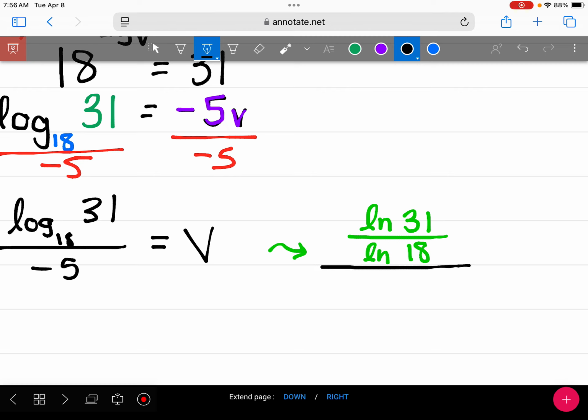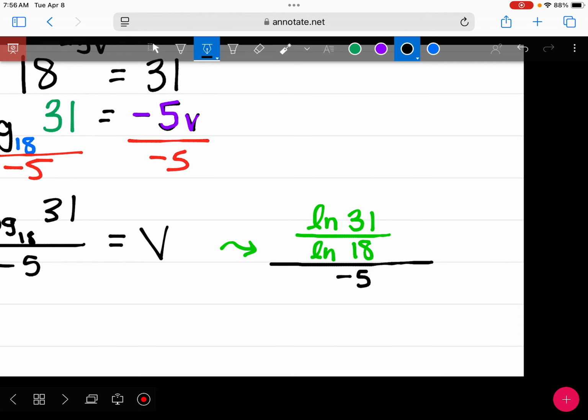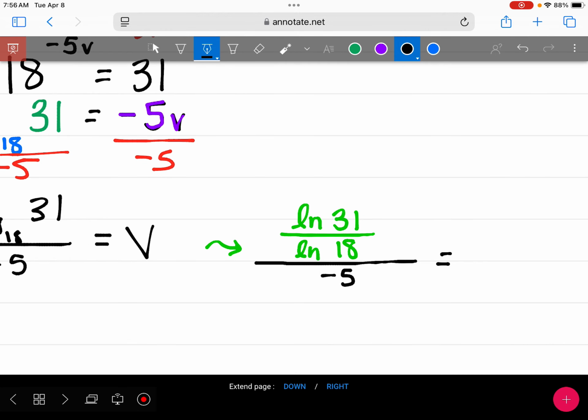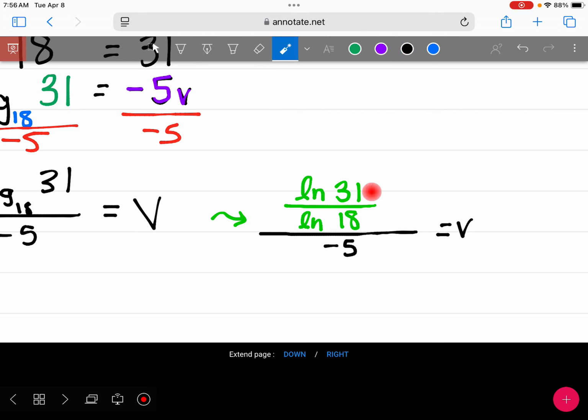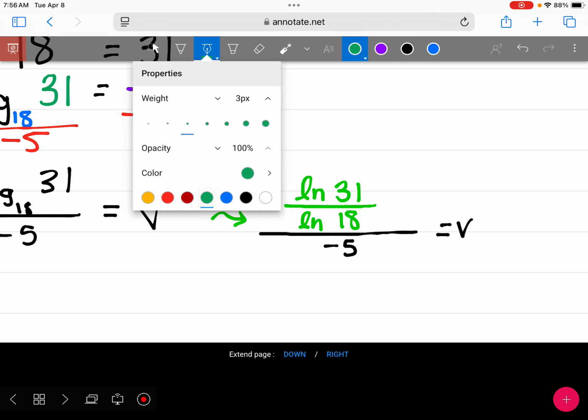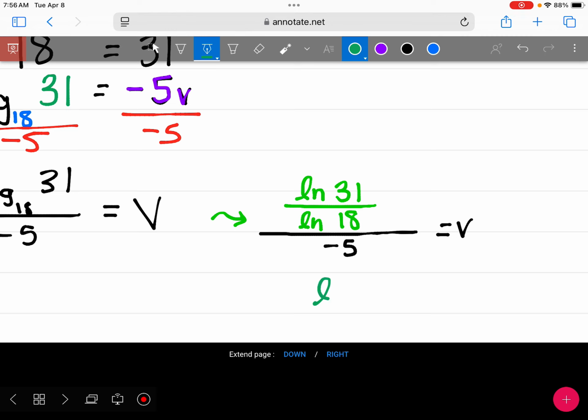And if it helps, you can do that as your numerator like this and do it as a fraction in a fraction. It's super gross to look like that, but it is totally fine. Or we can go, hey, this is ln of 31 divided by ln of 18 and also being divided by -5. So you could write this, and this will be the easy way to write it, as ln of 31 over -5 ln of 18.